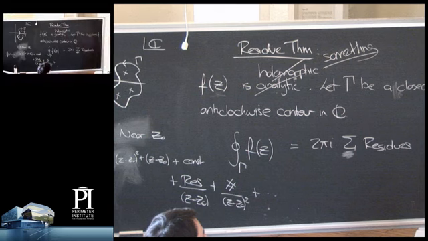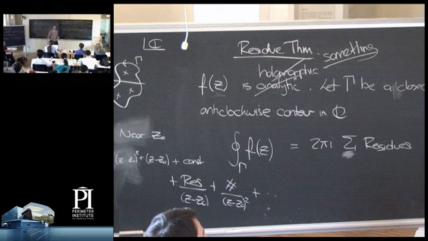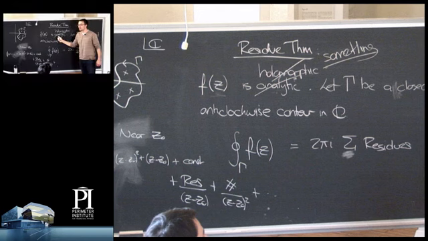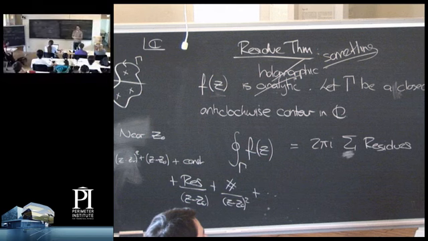Yeah, okay. Things like 1 over z are included in this. Sorry. I think this is a confusion that you'll find throughout the physics literature, that people say analytic when they mean holomorphic.